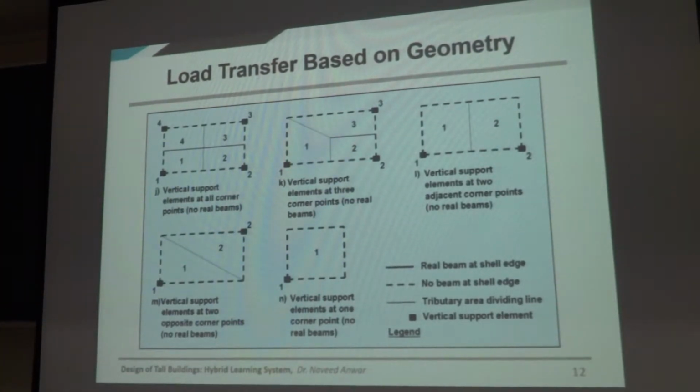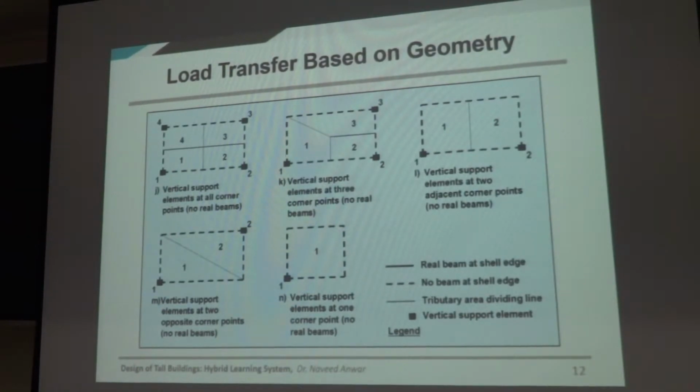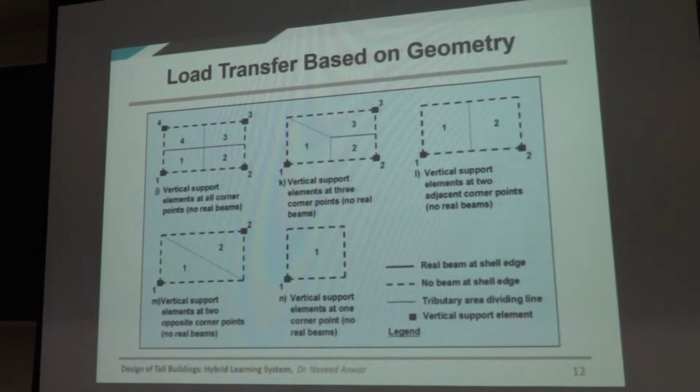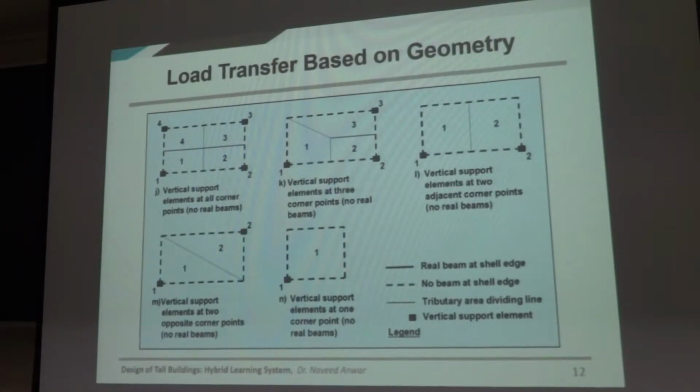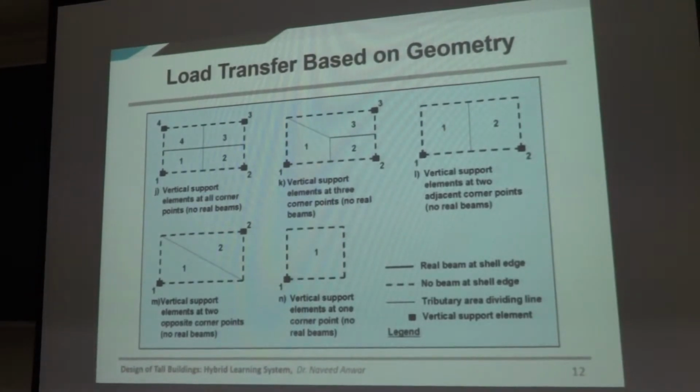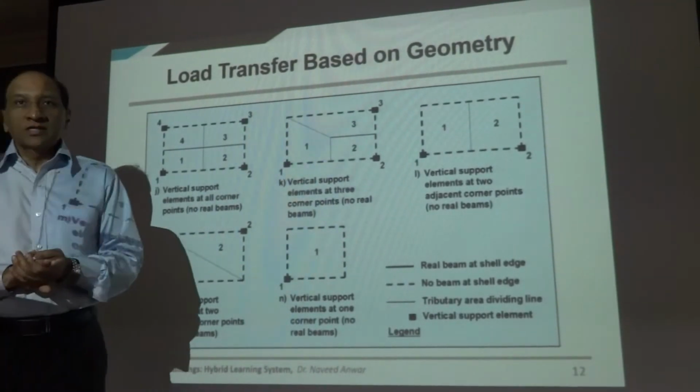Based on the area, you can quickly calculate where the load is going from each slab, and you can estimate the load on the column for preliminary design, before doing the analysis, because you need the column size for doing the analysis. So you should be able to do hand calculation for geometry-based load transfer.